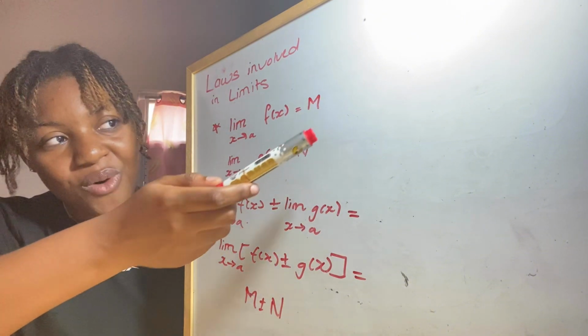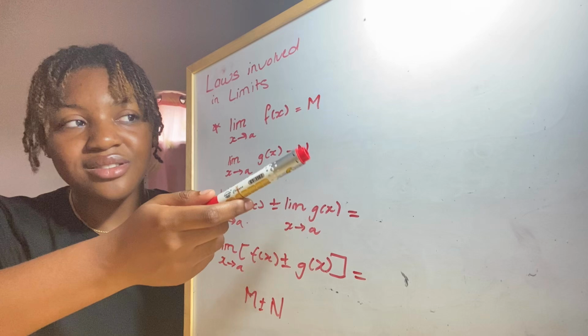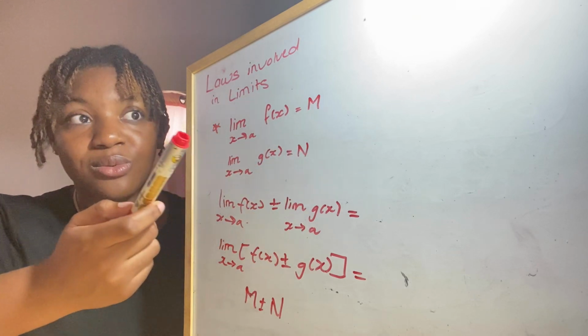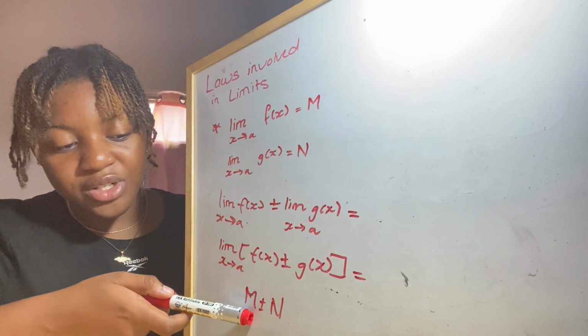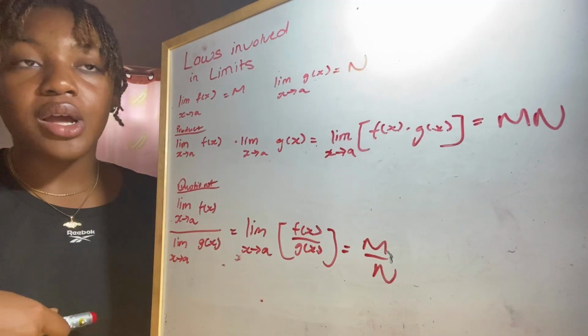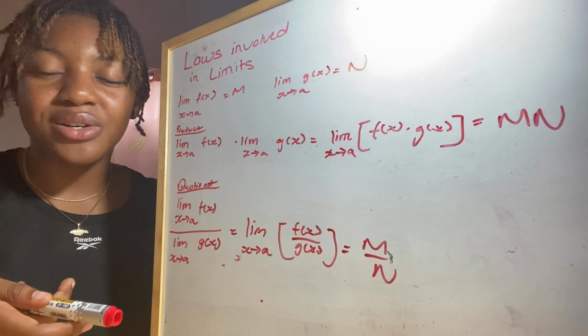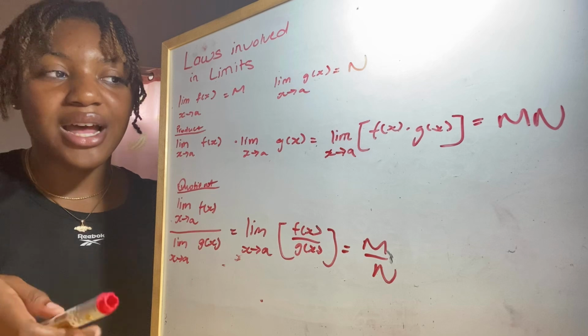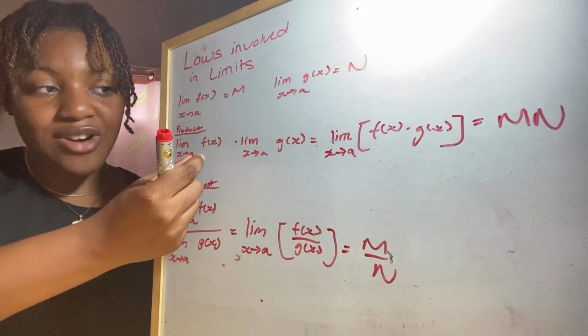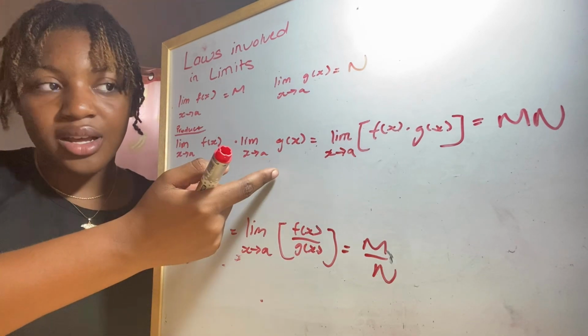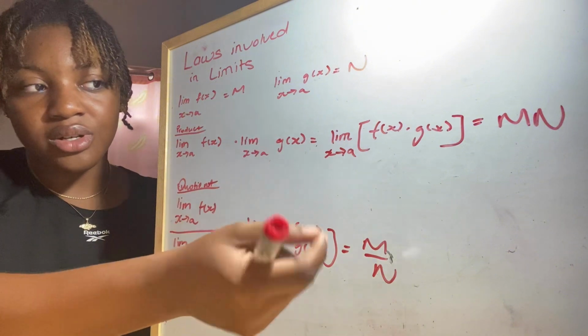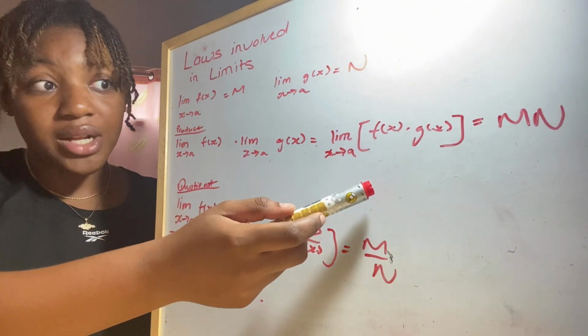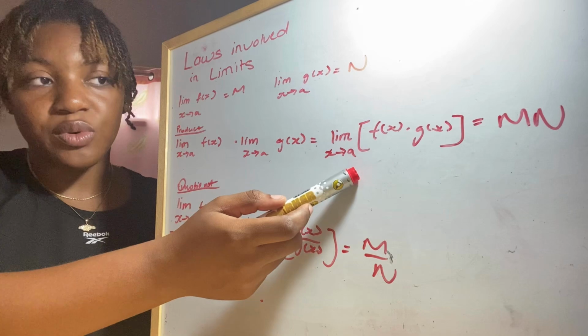And since we know the result of these two limits, we could just simplify it like this. The product and the quotient are similar to the sum and the difference, in the sense that instead of writing them separately, you could join the two into one bracket once x is approaching the same number.